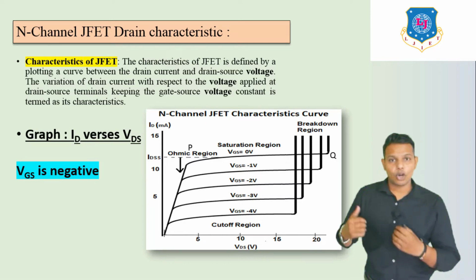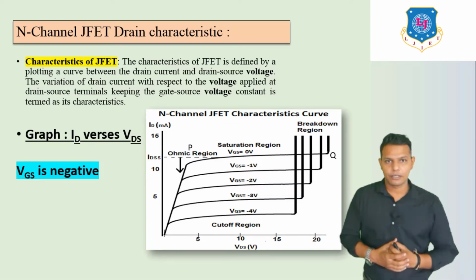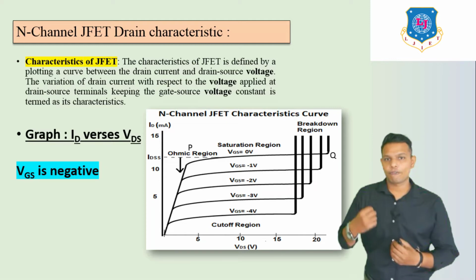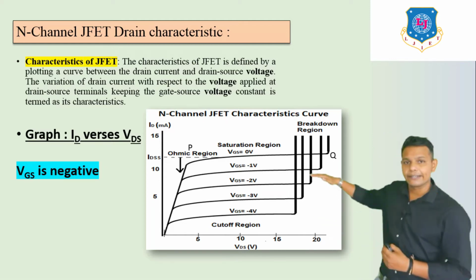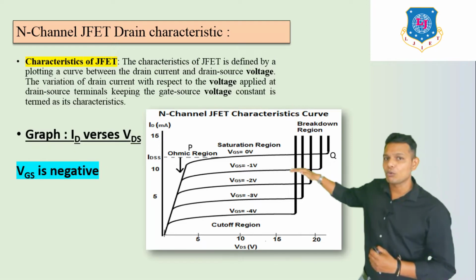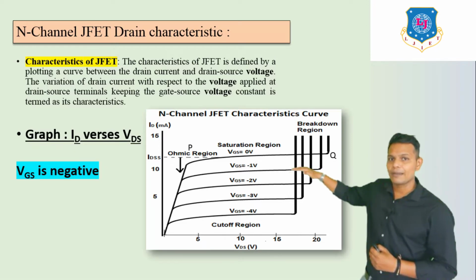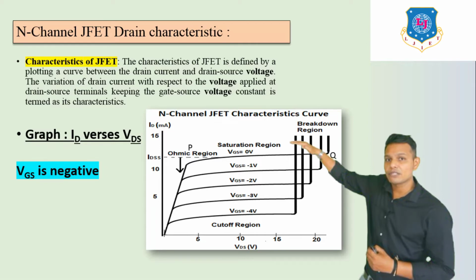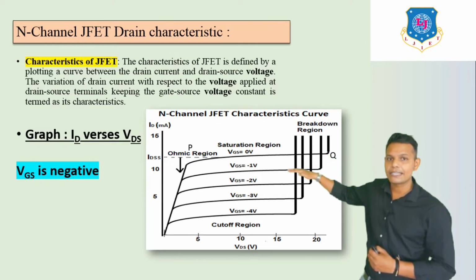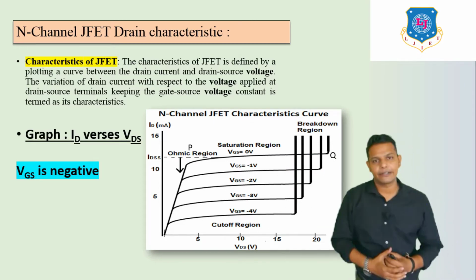That is an obstacle for the drain current, so the flow of drain current becomes reduced. In the characteristics, if VGS is equal to -1 volt, ID is reduced from IDSS.